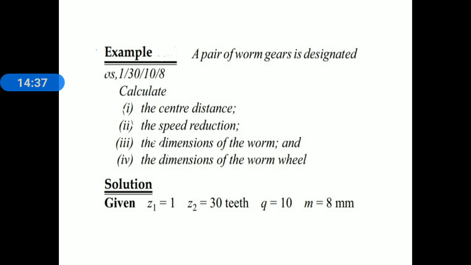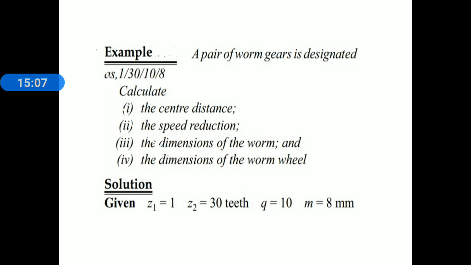Now everyone knows how to designate the worm gears, that was already discussed in the terminology of worm gears: Z1/Z2/Q/M. Calculate number 1 the center distance, number 2 the speed reduction, number 3 the dimensions of worm, and number 4 the dimensions of worm wheel.